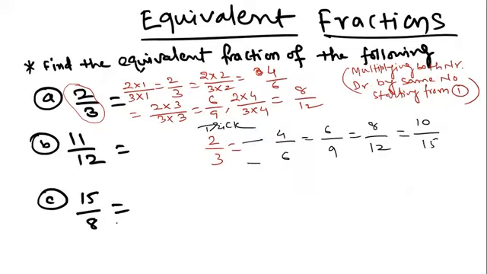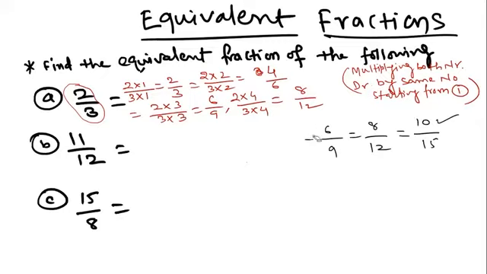So like this, if you only write the table of the numerator and the table of the denominator, this will give you the equivalent fractions of any number of terms. So in both ways you can write this. So this is a very simple trick associated with any equivalent fractions.